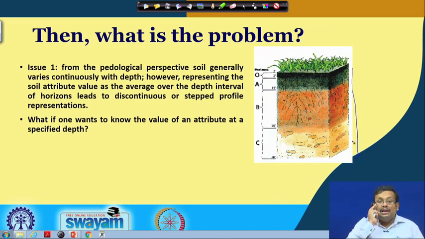But according to this bulk soil representation, if we take one sample from here, one from here and one from here, and based on the measurement of those samples we generalize the whole horizon, that produces a stepped profile representation. That is problematic. What if one wants to know the value of an attribute at a specific depth? It will not be possible if we take bulk samples and generalize the whole horizon. That is why we need some depth function.